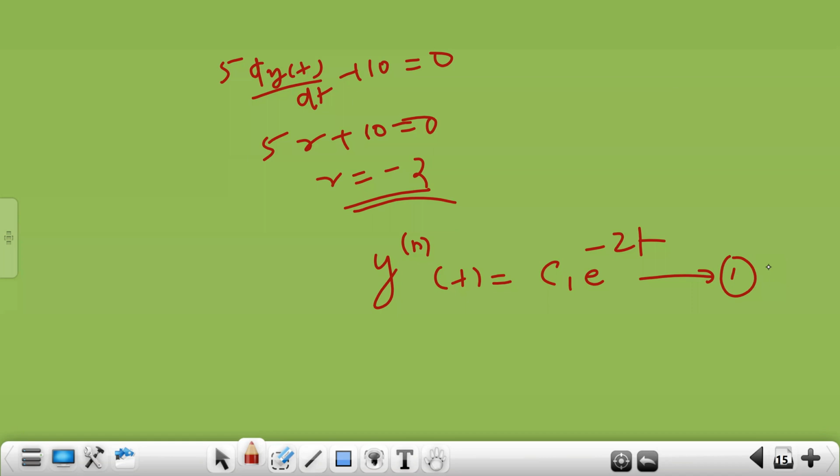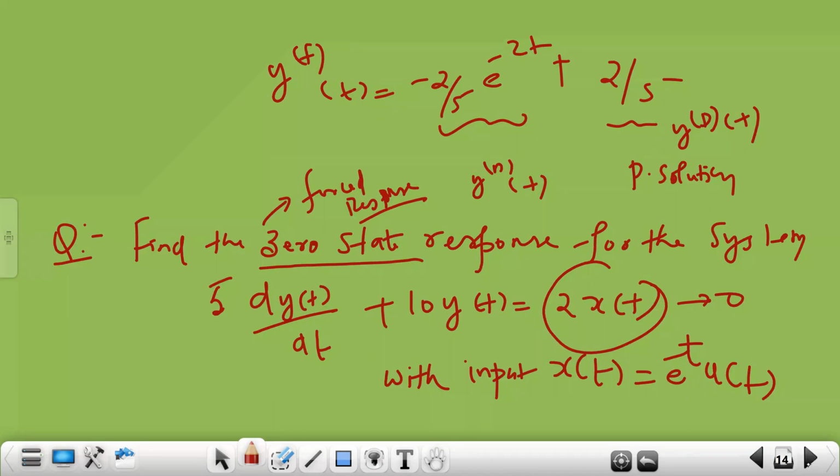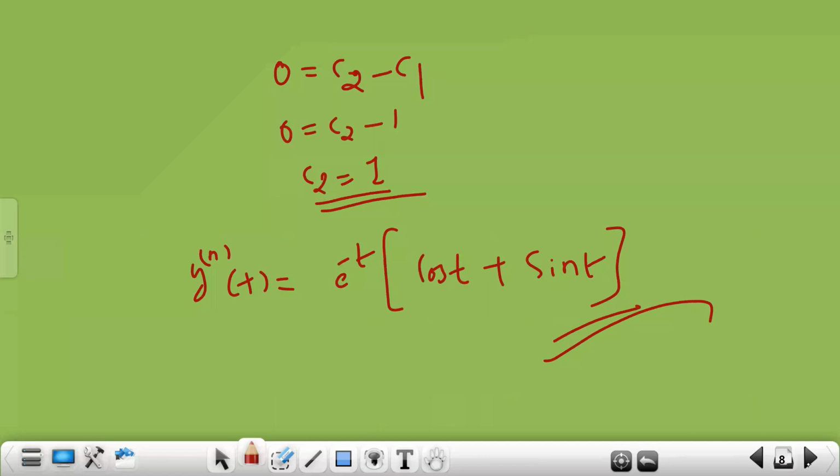Now coming to the particular solution. All of you observe the table and tell me. Before that, you just note down your input. What is your input? Input is e to the power minus t, u of t. Based upon this, go to that table, find the output yp of t and tell me, what is small letter a here?